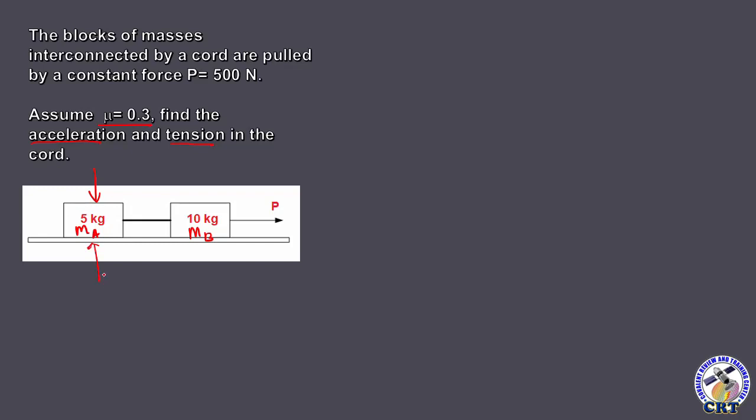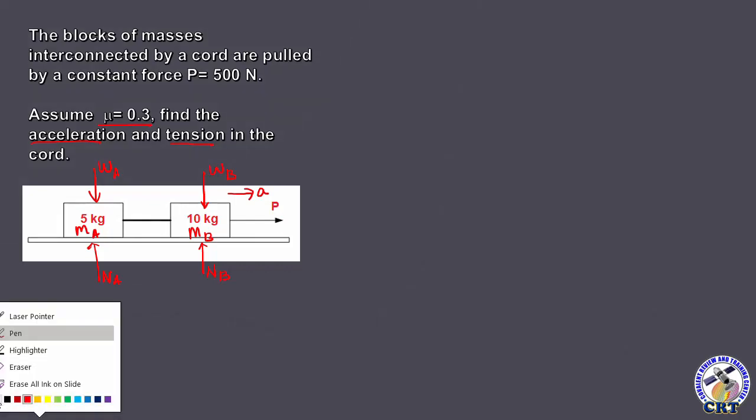So this is the normal force A, and this is the weight of block A. While for the 10 kilogram mass, this is the direction of the weight B, and this is the direction of the normal force B. So you have to take note of that. And still, the direction of the acceleration is going to the right.